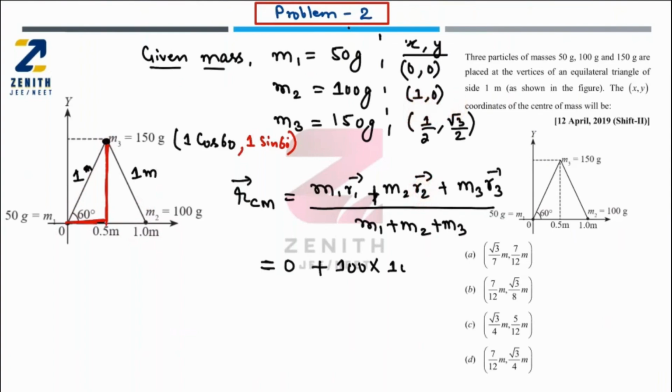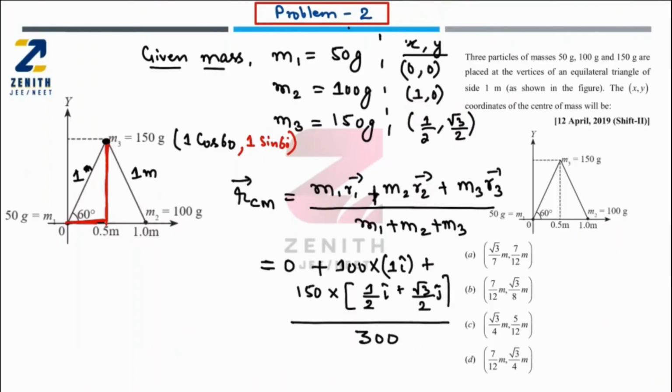So 100 into 1 i cap, plus what is the M3? 150 into, so I will write here, plus 150 into 1 by 2 i cap, root 3 by 2 j cap. What is the total mass? 150, 50 is 200, plus 100 is 300 gram.